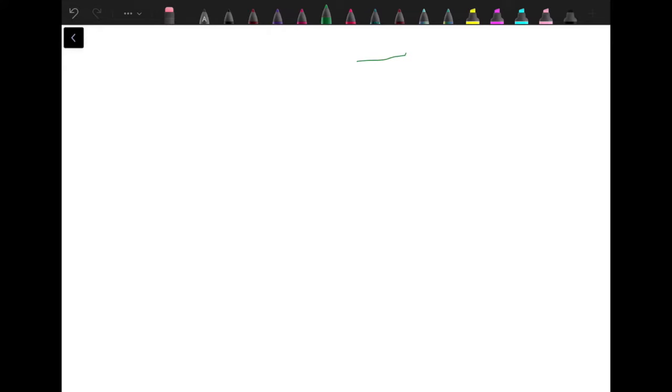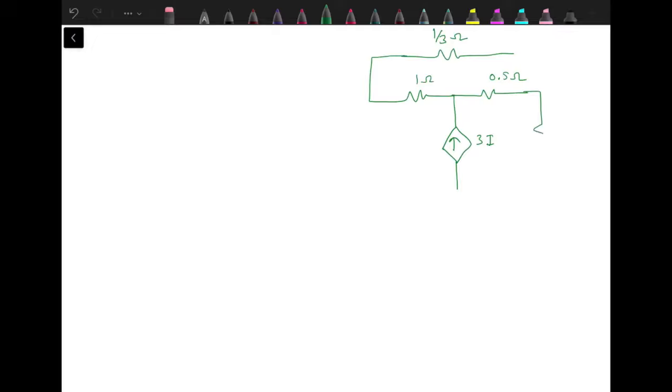The circuit is having a 1 by 3 ohm resistance over here, 1 ohm resistance, 0.5 ohm, 3I, 0.5 ohm, 1 volt, and here we have a current dependent current source.